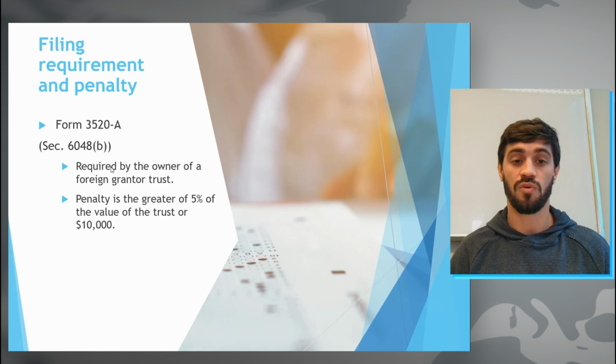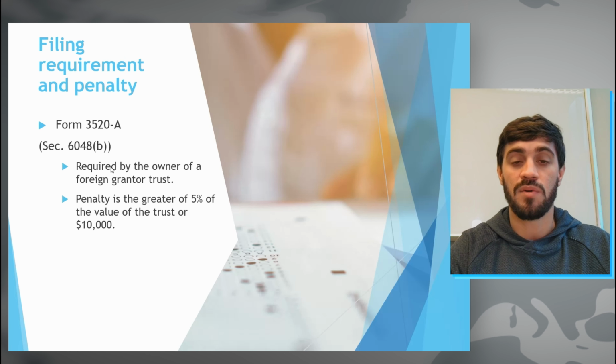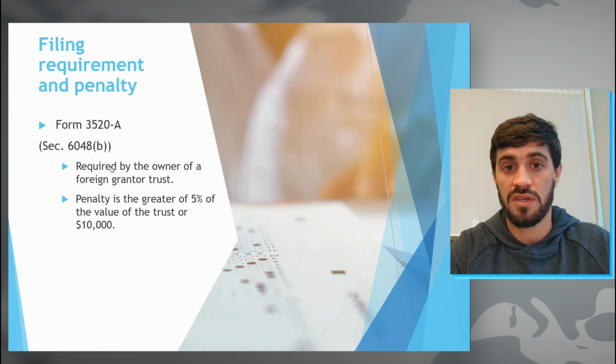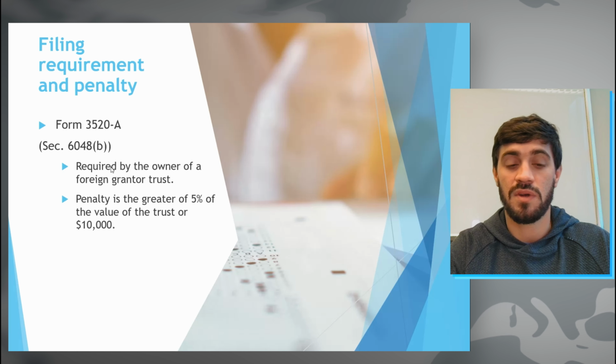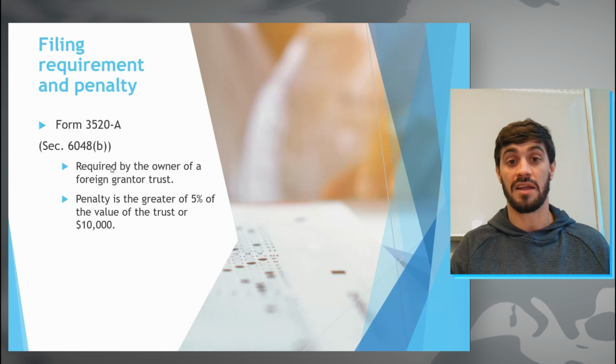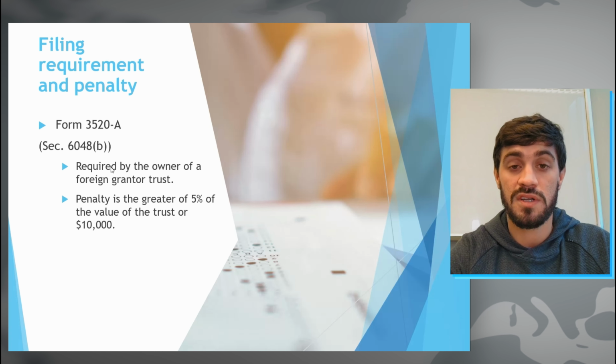So if I own real estate and I put it into a UK family trust, and I retain certain powers over that trust or asset, so I can take distributions whenever I want, I can just cancel the trust and take the assets back whenever I want, that's definitionally a revocable trust, which would create a grantor trust.